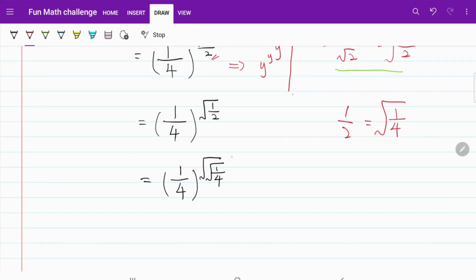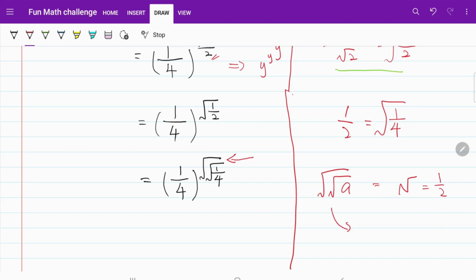Let's spend a little time to explore this double square root. I know if I have an arbitrary number a square root, each square root can be expressed as the exponent of half, meaning a square root can be expressed as a to the power of half to the power of half.